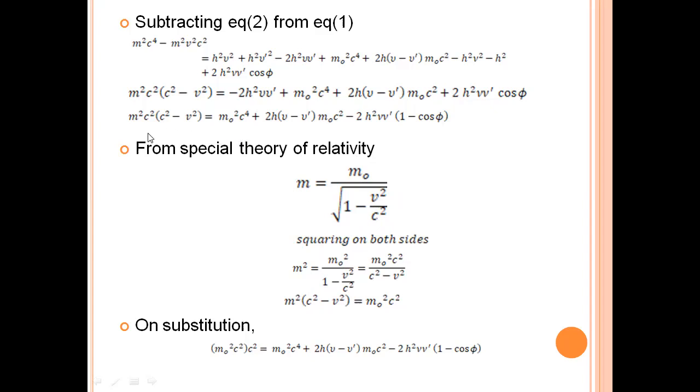So in place of m square into c square minus v square, we are just going to replace this expression. We will get m naught square c square into c square is equal to m naught square c power 4 plus 2h into nu minus nu prime m naught c square minus 2h square nu nu prime into 1 minus cos phi. Now just see the terms. The first term of this expression will get cancelled with the left hand side term.